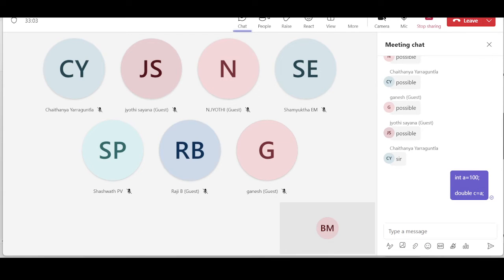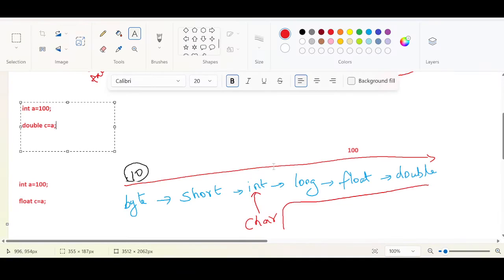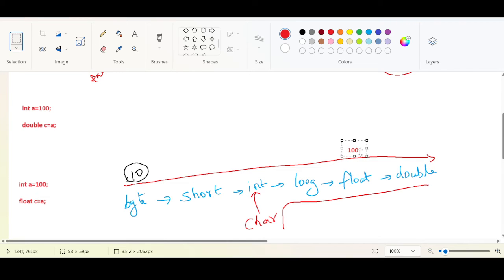Possible. Okay, possible. Why possible? The same 100 is being converted to double. And you just look at the direction. Just go with the direction. This is long, float, double. So in this direction, it is matching with the direction that is defined.